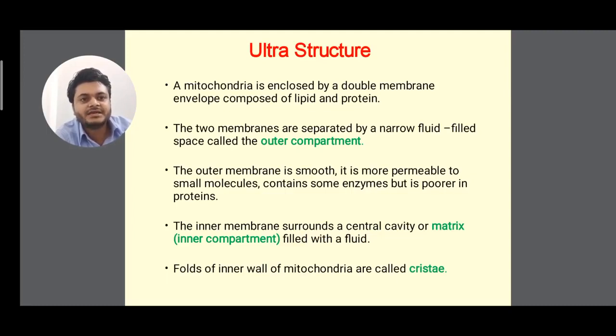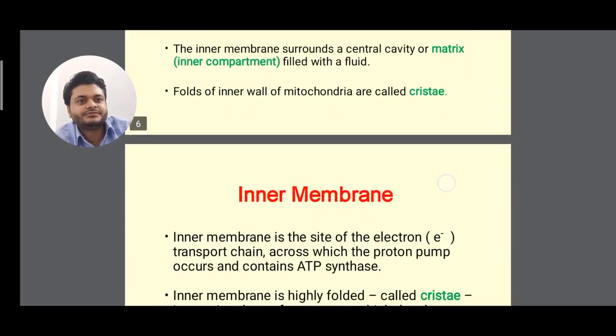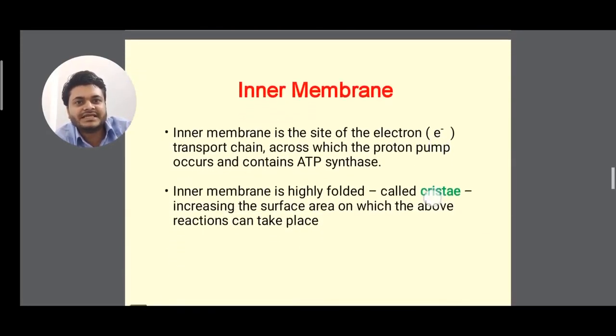The inner membrane surrounds a central cavity or matrix, or inner compartment, filled with a fluid. Folds of the inner wall of mitochondria are called cristae. The outer membrane is straight and doesn't have any invaginations or infolding, but the inner membrane invaginates into finger-like structures called cristae. Crista is the singular form and cristae is the plural form.